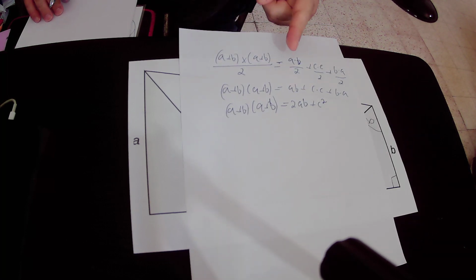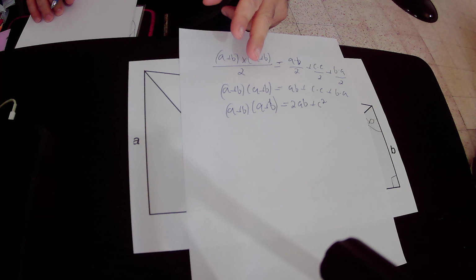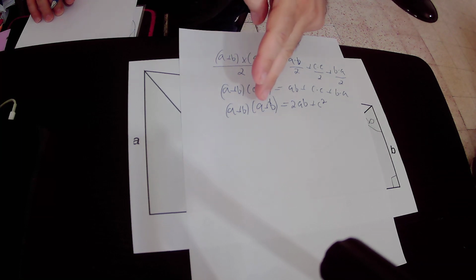As I've already told you, a times b plus b times a is 2ab, and c times c is c square. Now we will open the brackets in the left side of the equation.